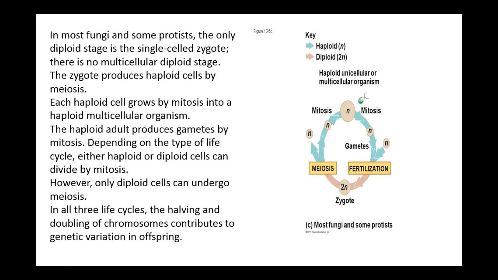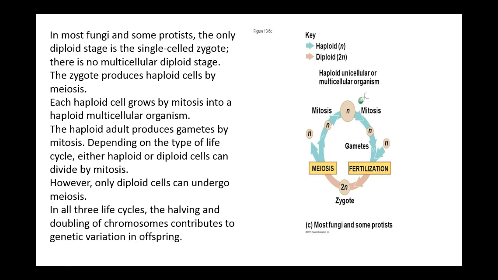Only a diploid can undergo meiosis. And this makes sense because if you have a diploid which goes through meiosis, and two diploid cells get together with regard to fertilization, what you eventually are going to have is way too much genetic material.